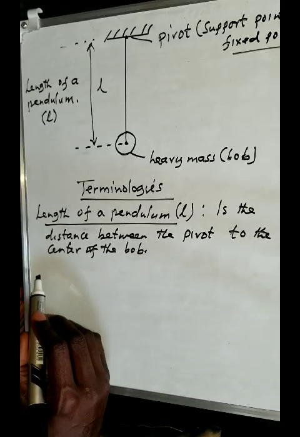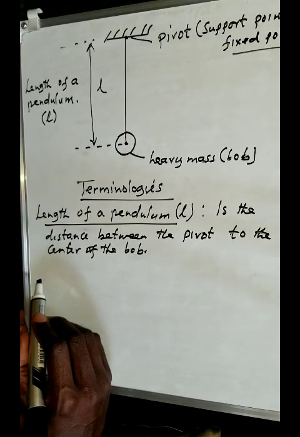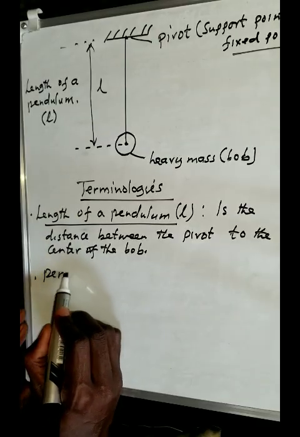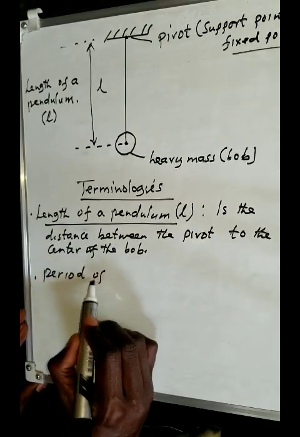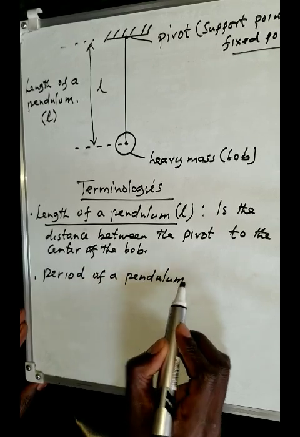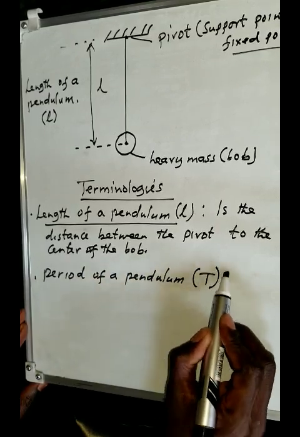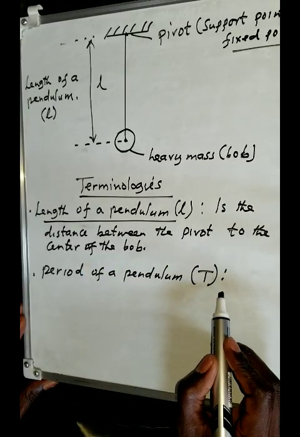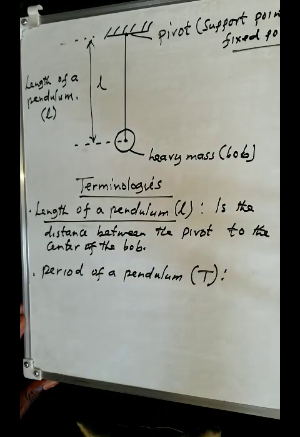Right. The other terminology that you need to know is the period of a pendulum. The period of a pendulum is represented by a capital letter T. We simply say it is the time for one complete oscillation.